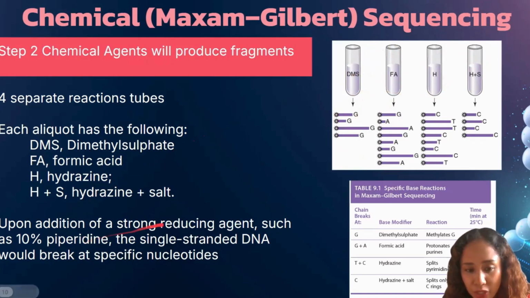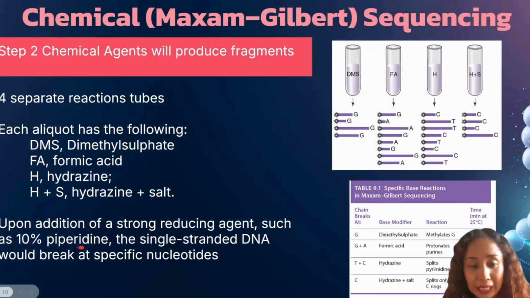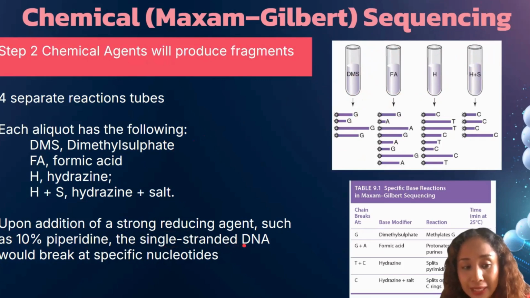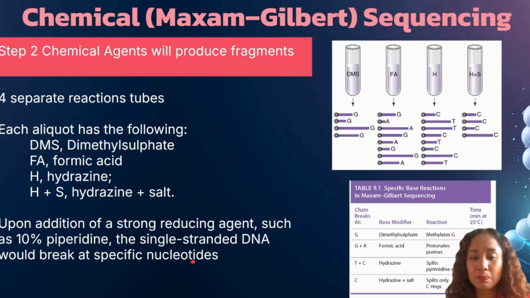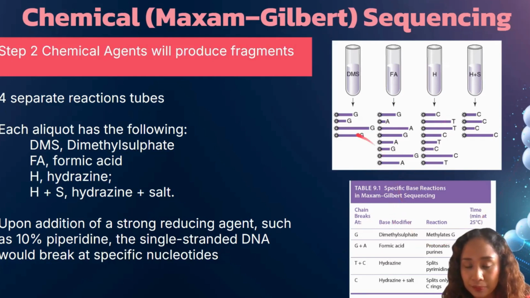Upon the addition of 10% piperidine, the single-stranded DNA would break at specific nucleotides. Once you add 10% piperidine to dimethyl sulfate, the chain will break every time there is a guanine.